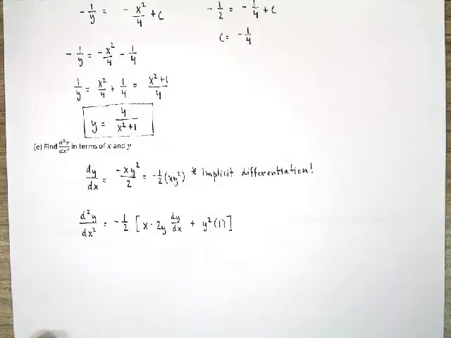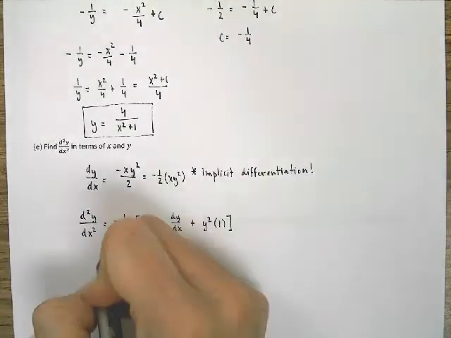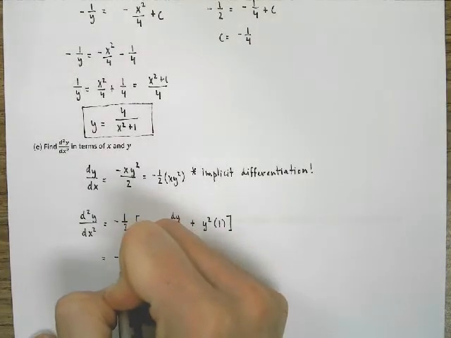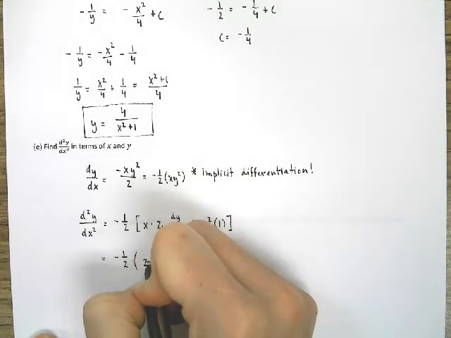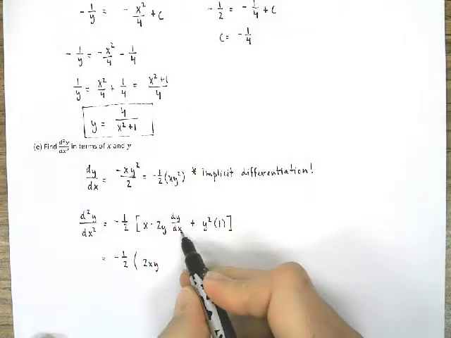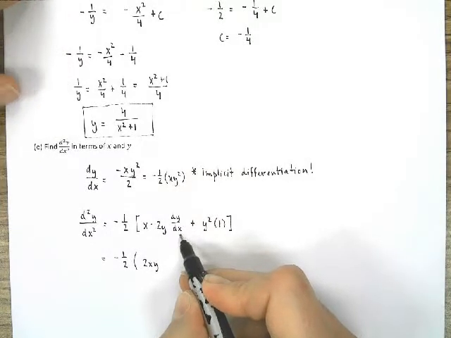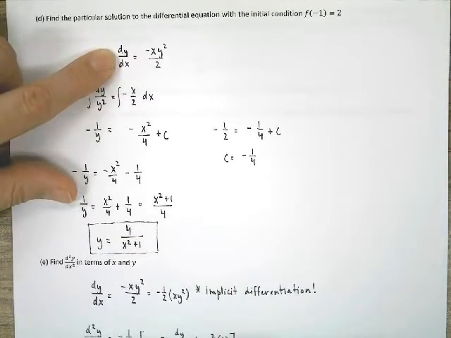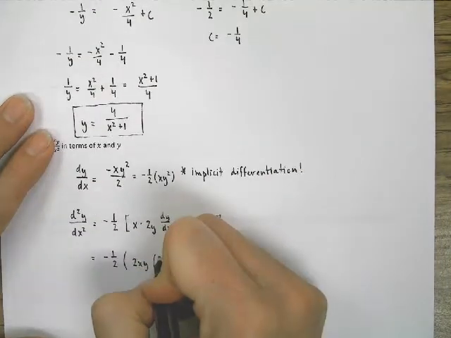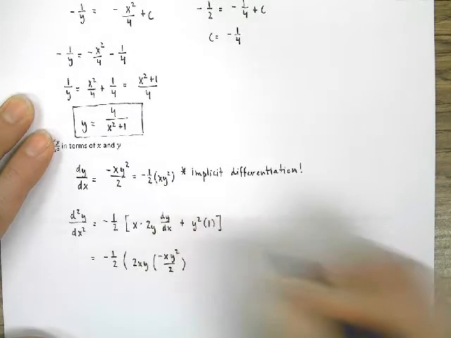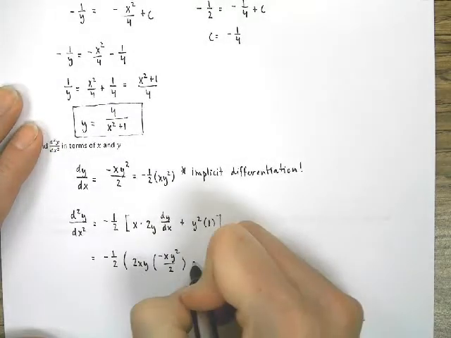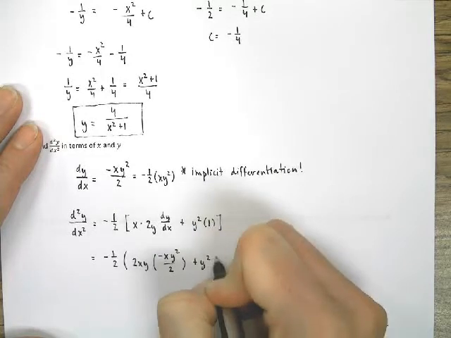Now there's a few manipulations I need to do. First thing, I'm going to leave most of this. I've got 2xy, but instead of leaving dy dx, I need to plug in dy dx, because I know what that is. So I'm going to do times opposite of x times y squared over 2, and then plus y squared.